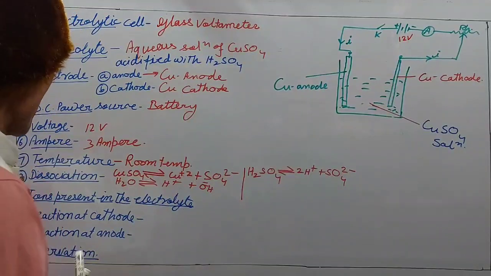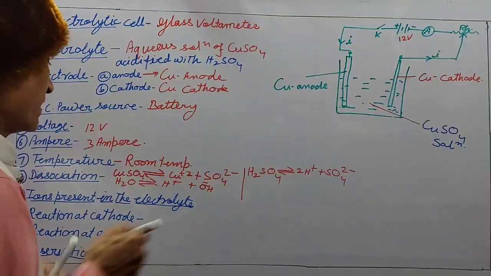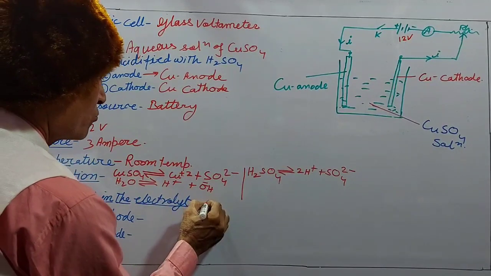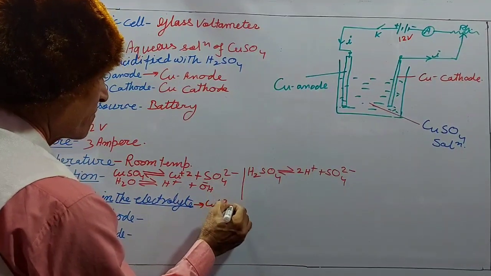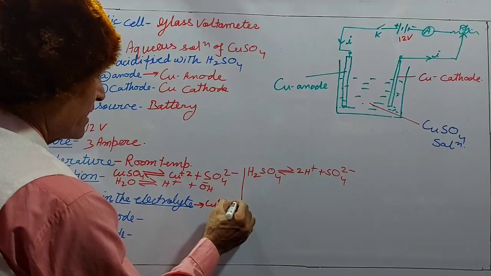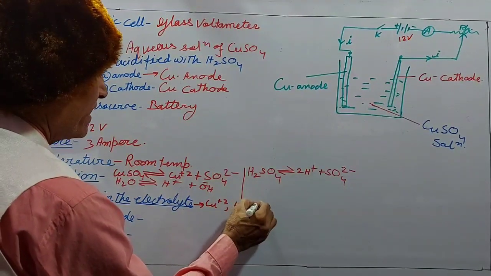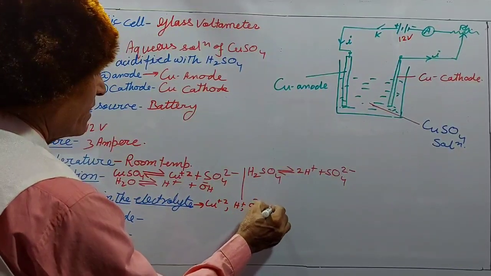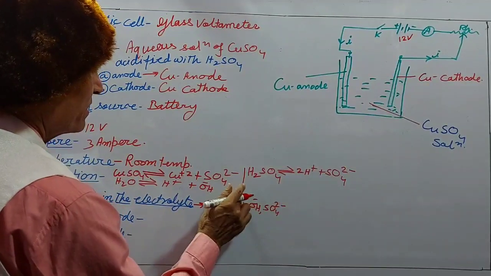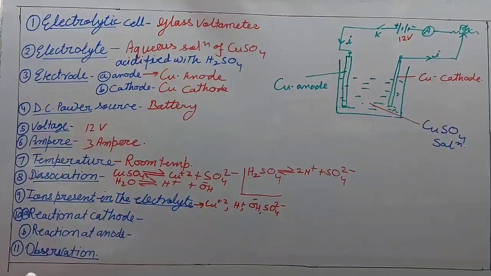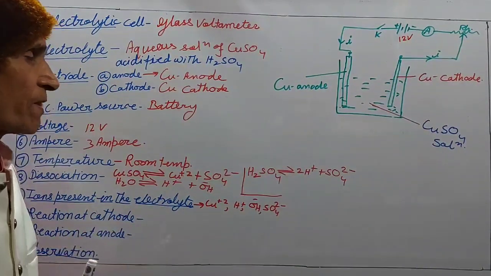Next are the ions present in the electrolyte. What are these ions? Cu 2 plus ions, H plus ions, OH minus ions and sulfate ions are present there. Now, reaction at the electrode.